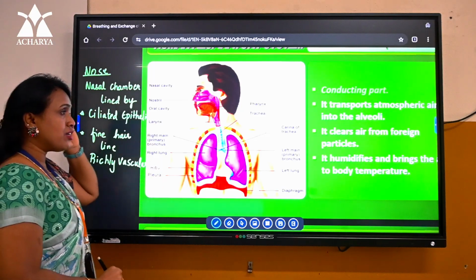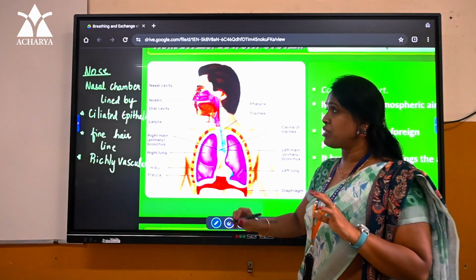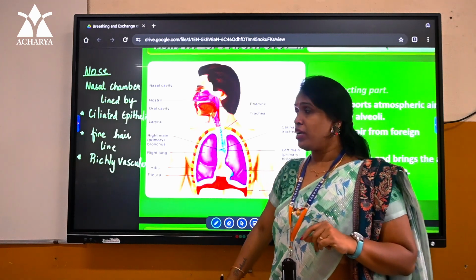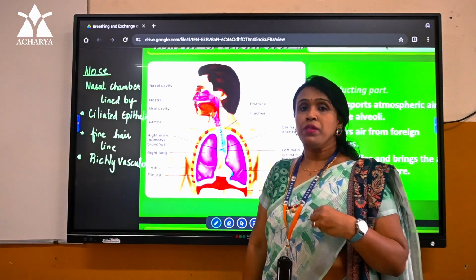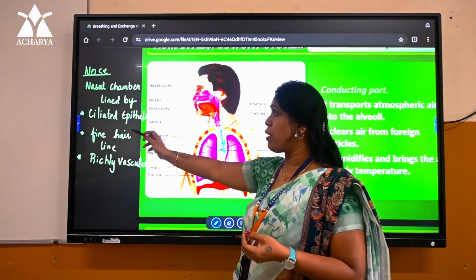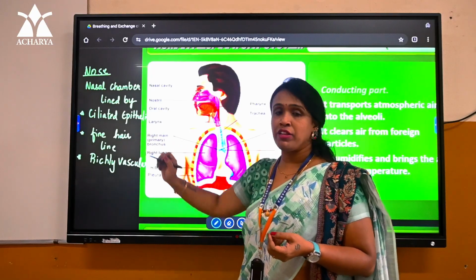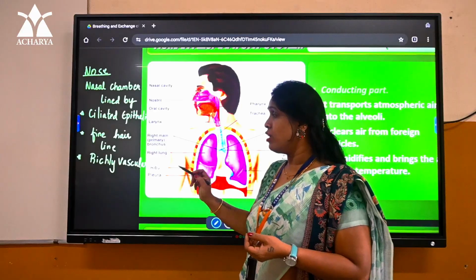Half of the purification and humidification takes place within the nasal chamber itself. Lined by ciliated epithelium, germs, dust particles and any foreign particles are trapped by the ciliated epithelium and the fine hair lining in the nasal chambers.